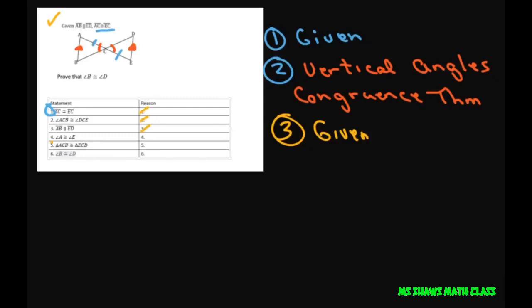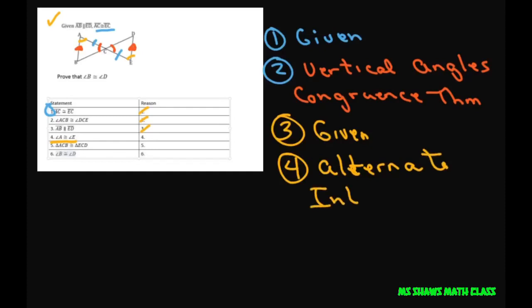So angle A is congruent to angle E, and that's also by your, so number 4 is by your alternate interior angles theorem.